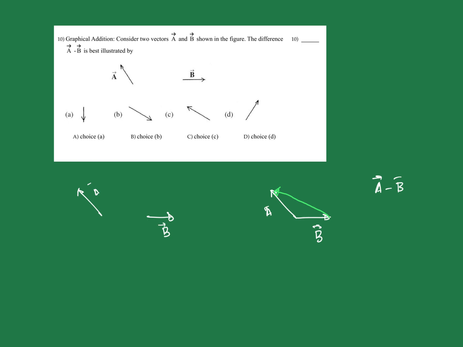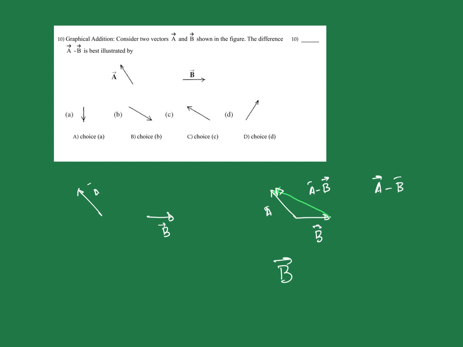First step, I will take A and put the tail of A with the tail of V. So A and V. And I will say A minus V is equal to the vector that I have to add to V to obtain A. So if this is V, the vector that I have to add to V is the vector A minus V. And now, if this is the sum, well, let's do it.